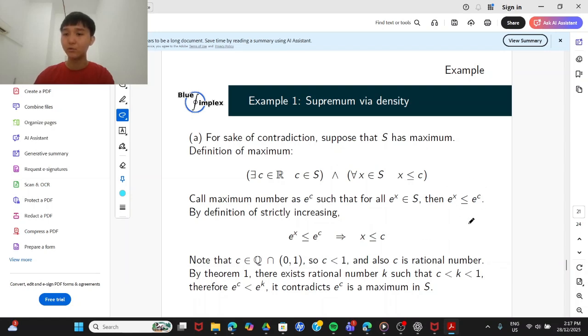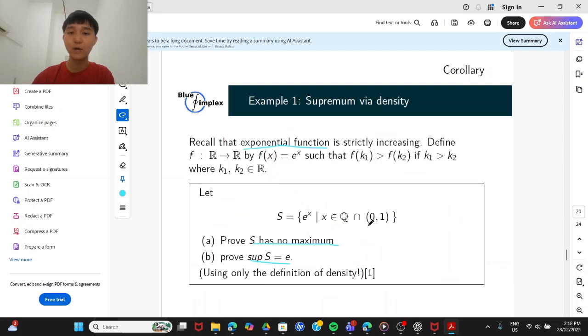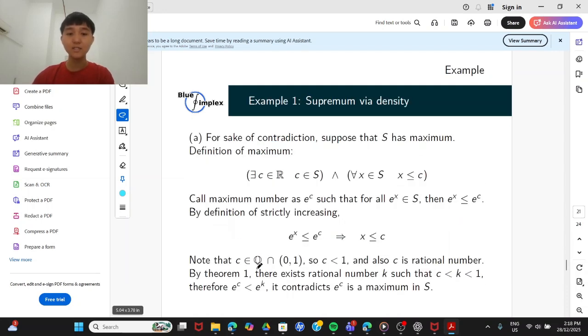This is the definition of strictly increasing, but here we are going to use the contrapositive.